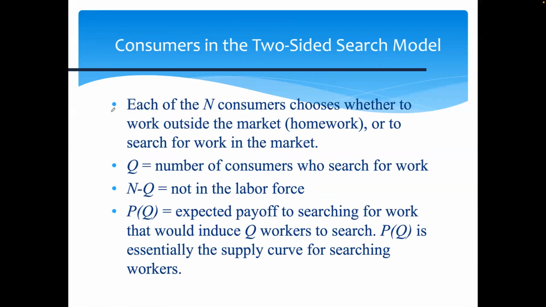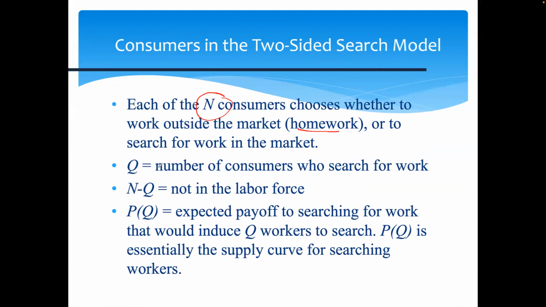Right, so let's look at the consumer. Each of the N consumers is going to choose whether to work outside the market, meaning homework, or search for work in the market. In some sense, you can interpret this work outside the market as unemployed.